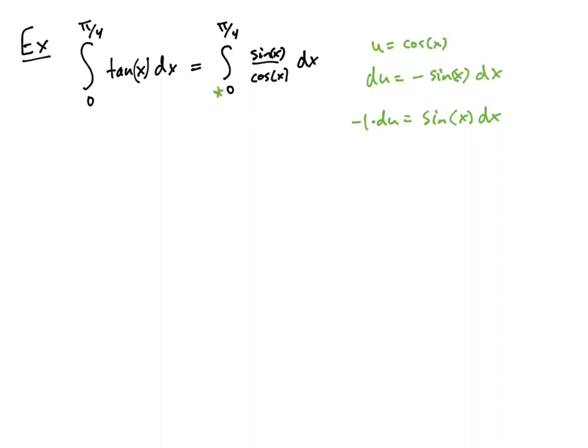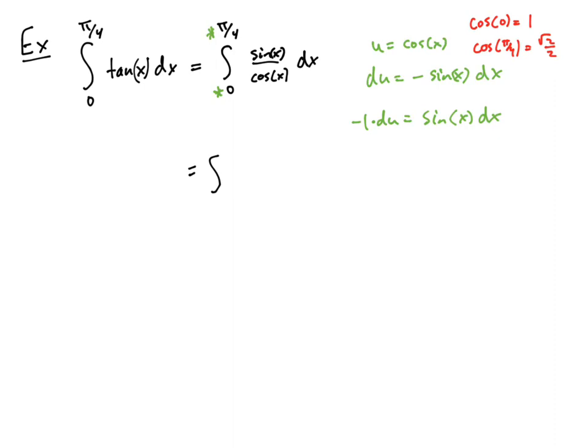And then I'm going to take care of these limits of integration. When x is 0, cosine of 0 is going to give me 1, and then cosine of pi over 4 gives us root 2 over 2. So those are the new limits of integration.